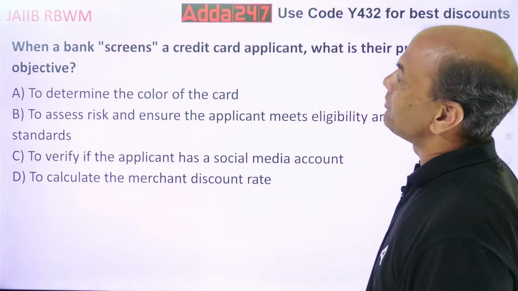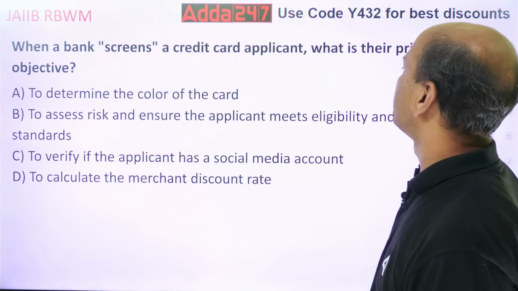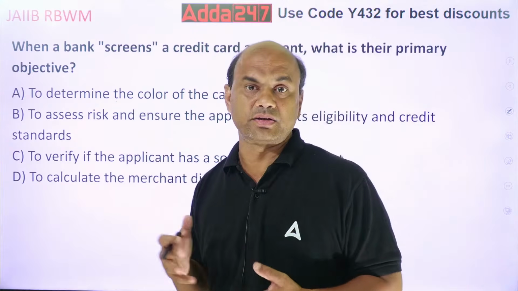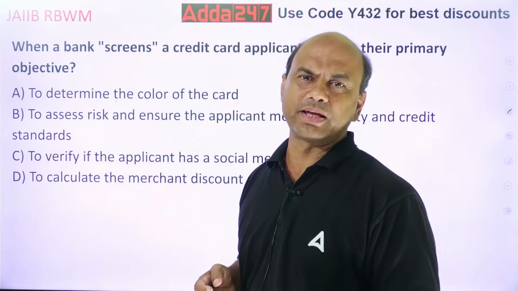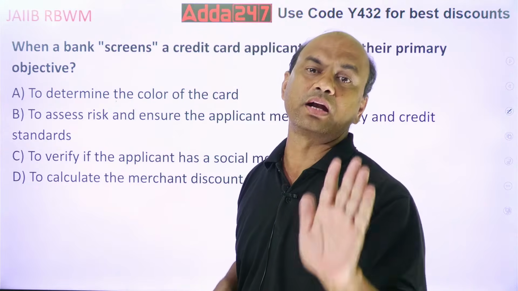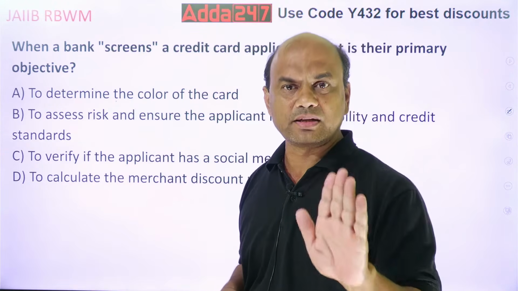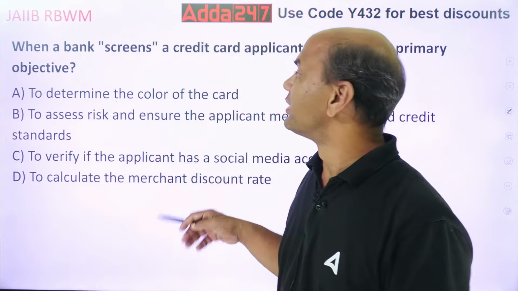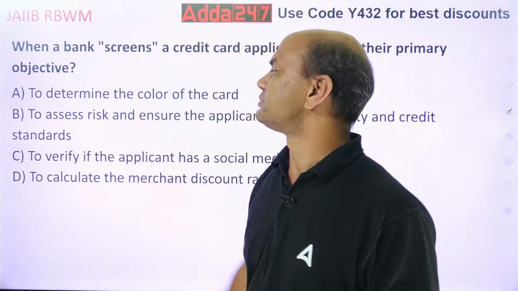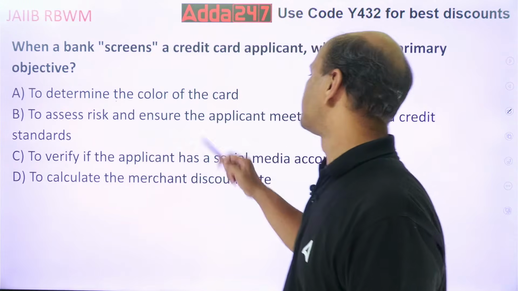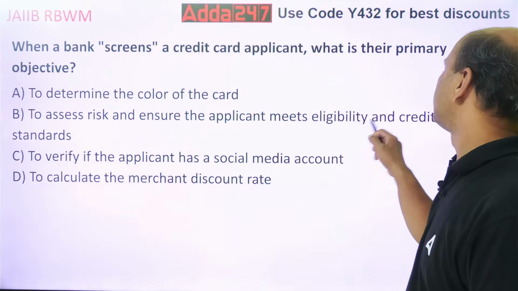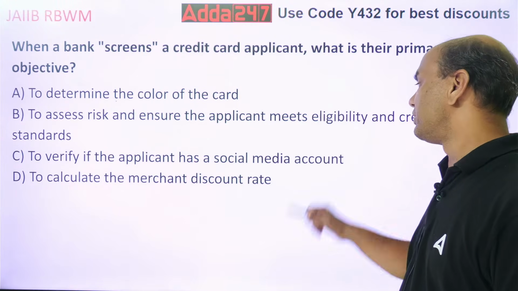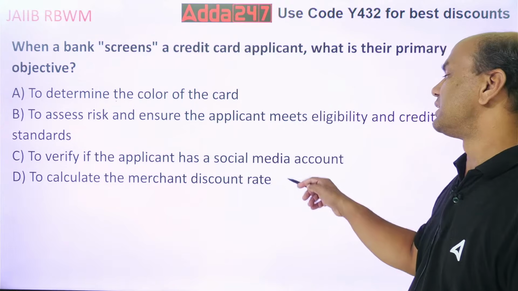When the bank screens a credit card applicant, what is the primary objective? Screens means checks. Suppose the customer applies, I want a credit card. If I check that application, what is my purpose? To determine the color of the card, to assess the risk and ensure the applicant meets eligibility and credit standards, to verify if the applicant has a social media account, or to calculate the merchant discount rate.